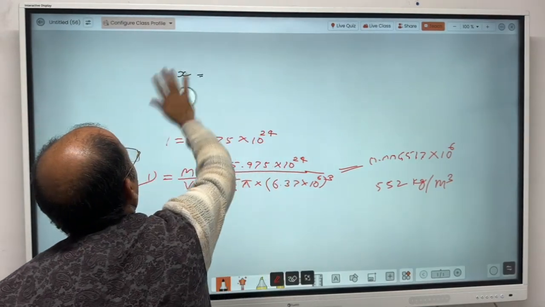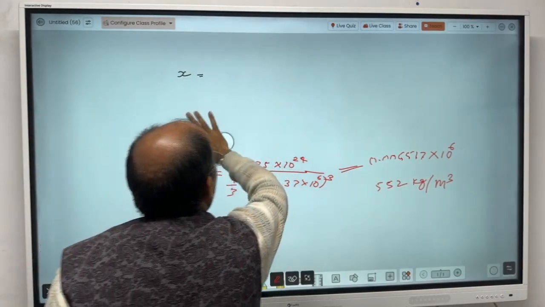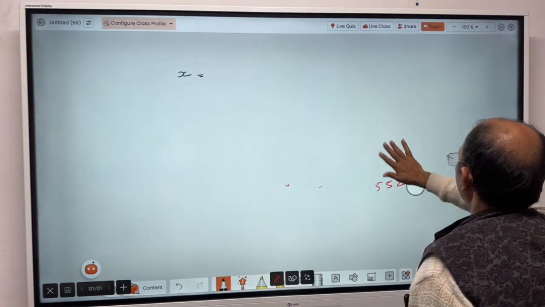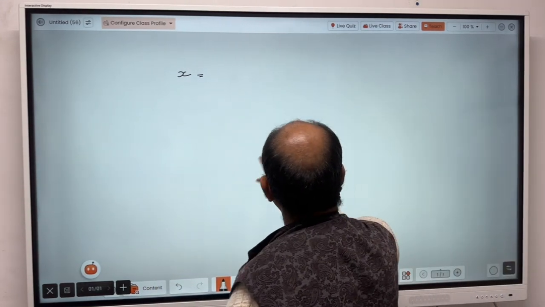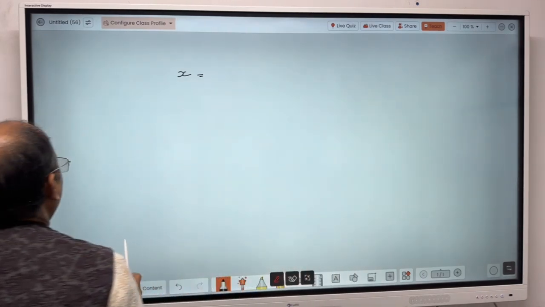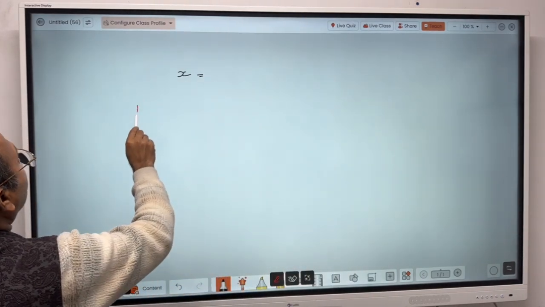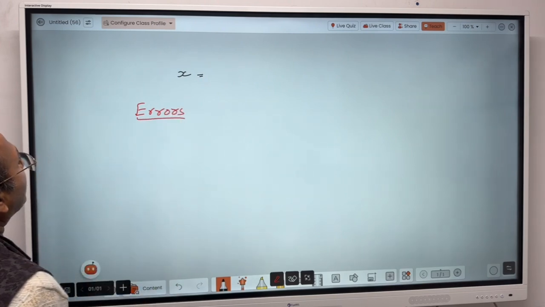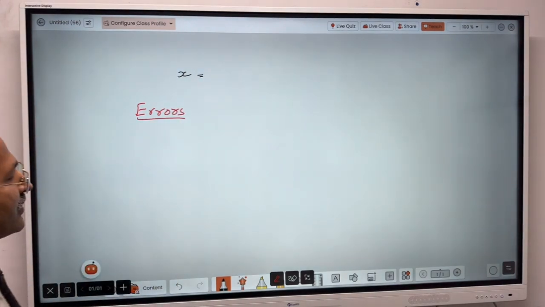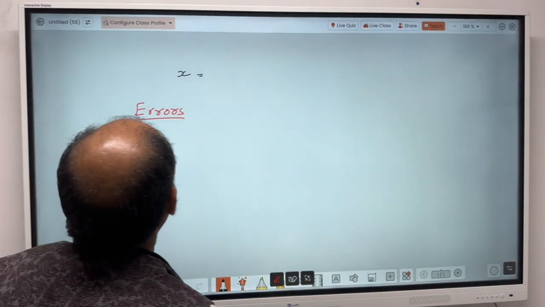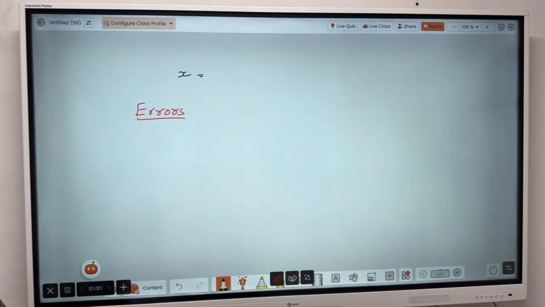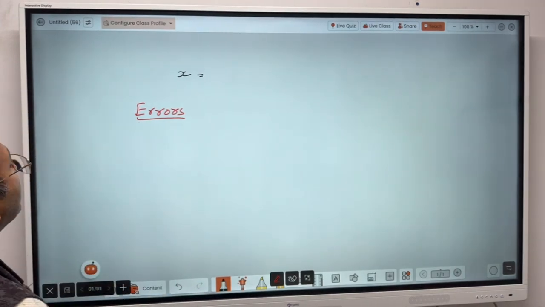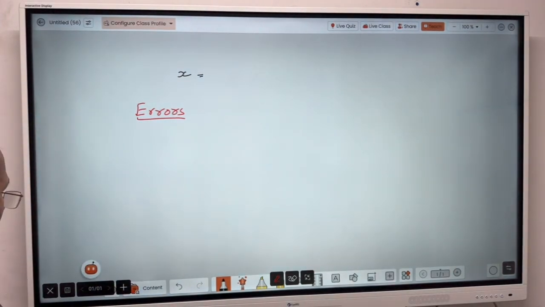Now we can consider some other aspects. So let's see what they are. We are going to consider errors. Different types of errors are there. Whenever we do some experiments, errors occur. And in order to remove those errors, we apply different types of methods.